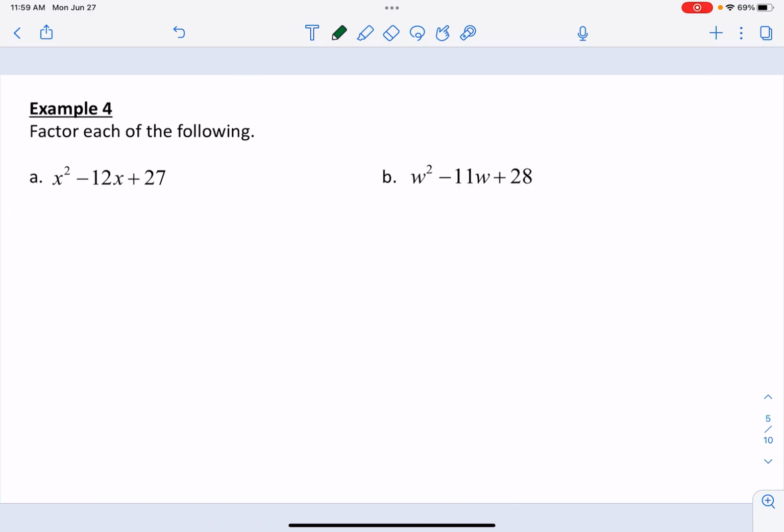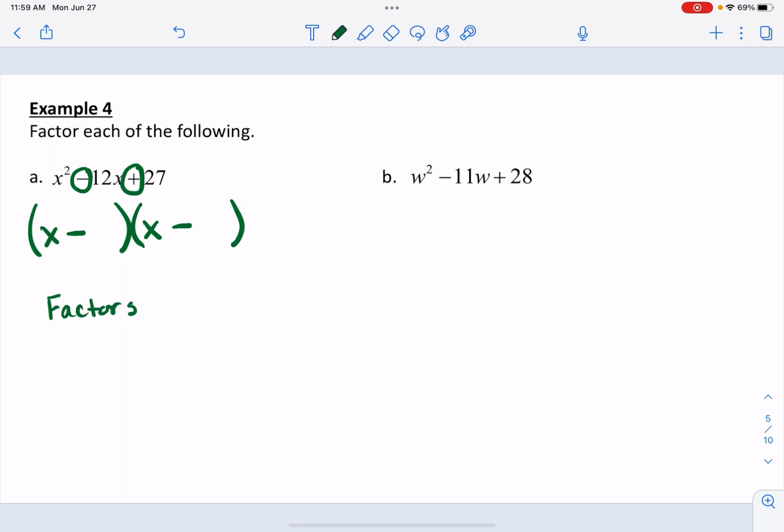Okay, now, these are going to be a little bit more complicated. Because what I have here is two numbers that are going to multiply to be a positive number, but add to be a negative number. So that means both have to be negative. So when I'm looking at my factors here, I just need to understand that both are negative.